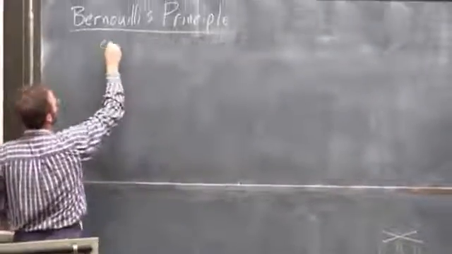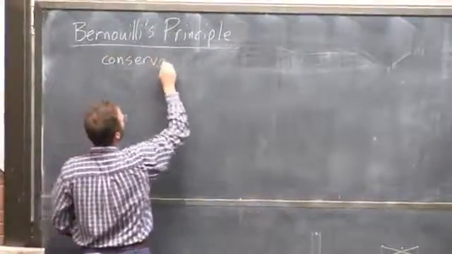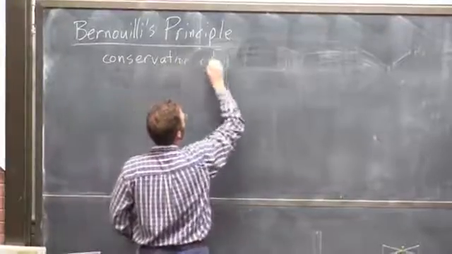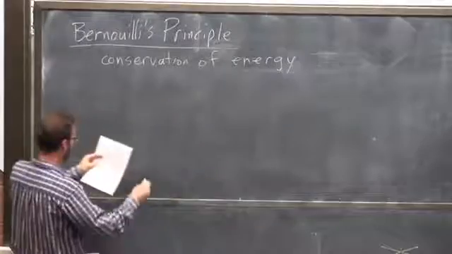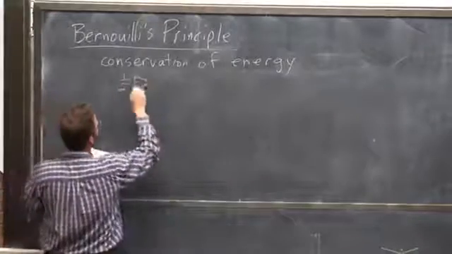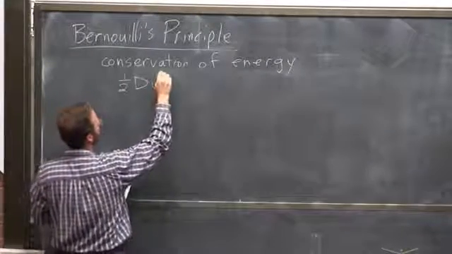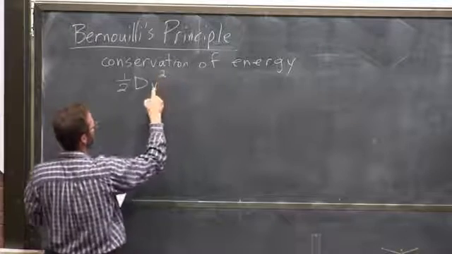Last time I told you Bernoulli's Principle is essentially conservation of energy. And I wrote down 1/2 times the density times the velocity squared. This one's velocity.